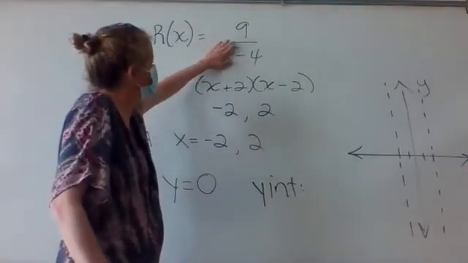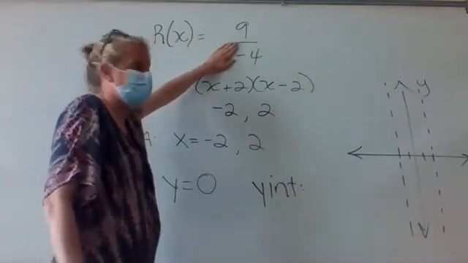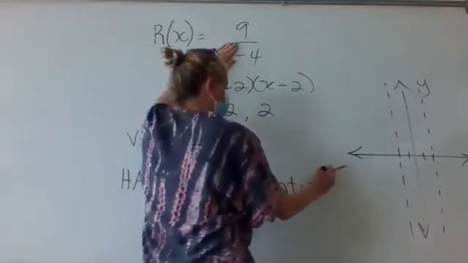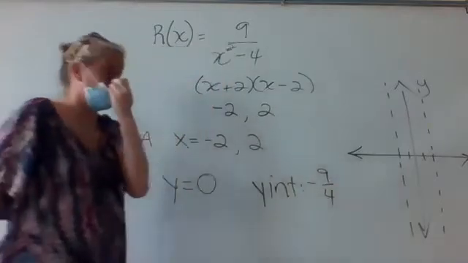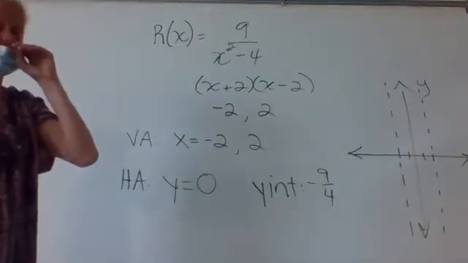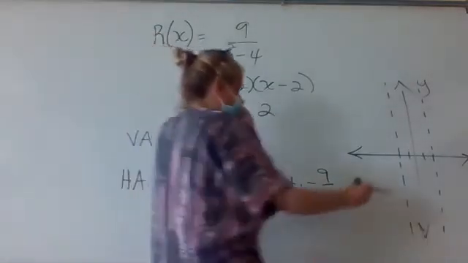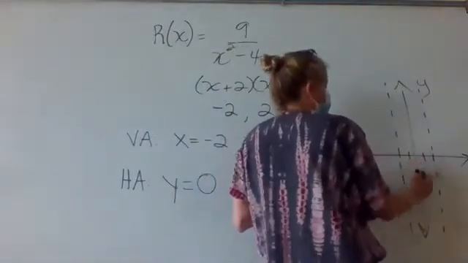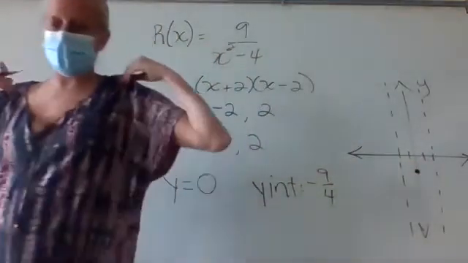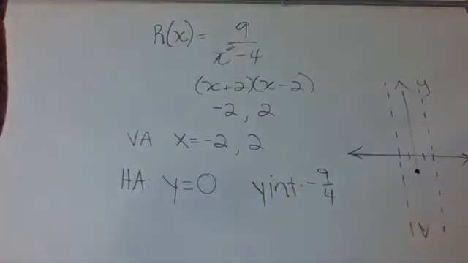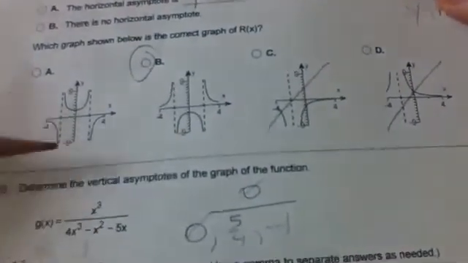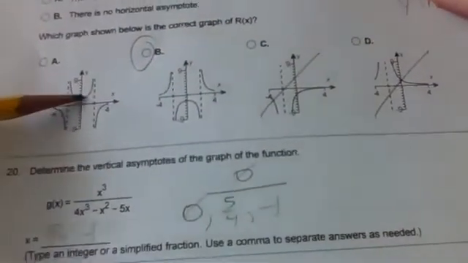So if I put a 0 in place of that x, I'm going to be left with -9/4, which means this graph is going to cross the y-axis somewhere down in the negative. That's what distinguishes A from B. Look at A. Where is its y-intercept? I don't know exactly, but I know it's positive, right? It crosses it above. So that's why it's B.